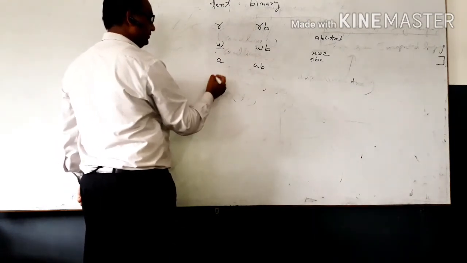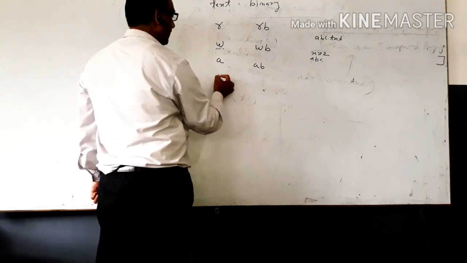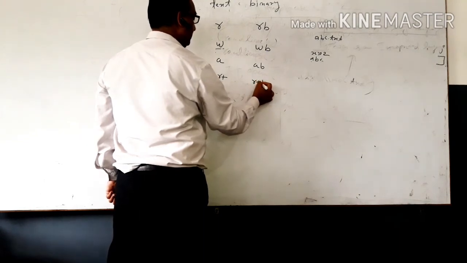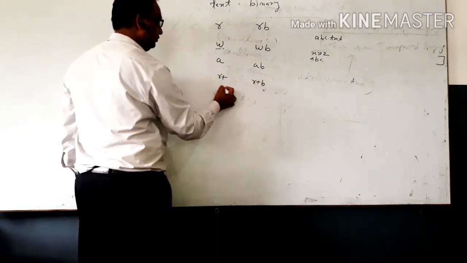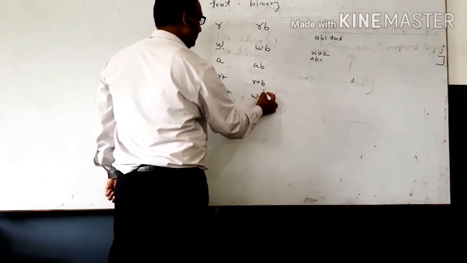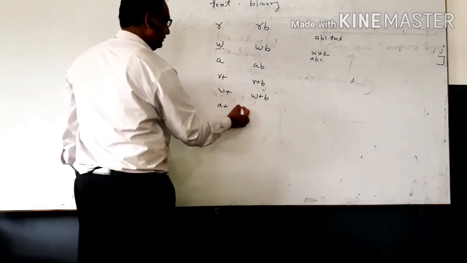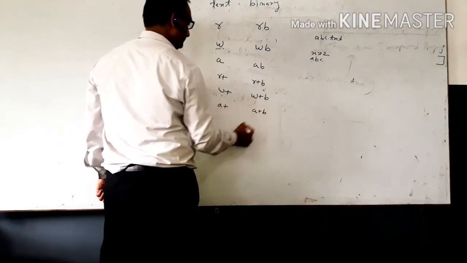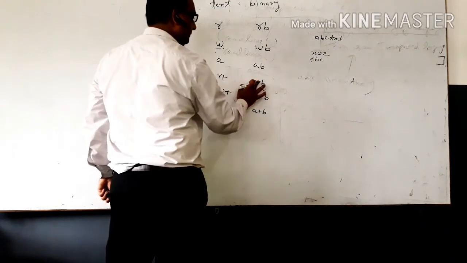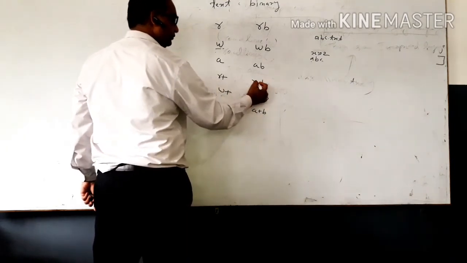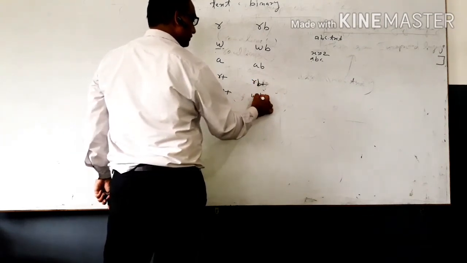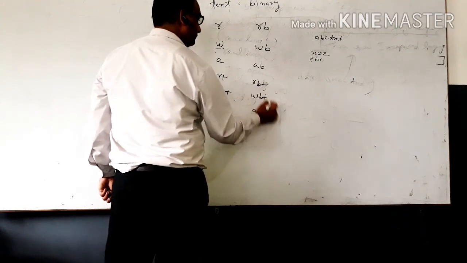The same we can use as a shortcut: we can use R plus, and here also R plus B. Let's also discuss W plus, and here W plus B. We can write A plus, and here A plus B. You can write R plus B or RB plus, both are allowed. You can write RB plus, WB plus, AB plus; both are allowed here.